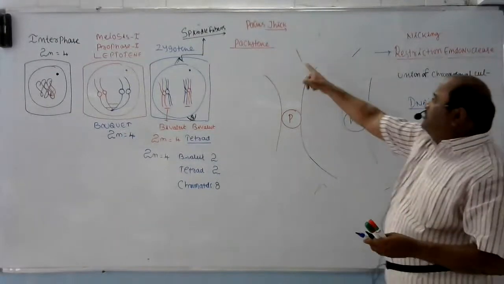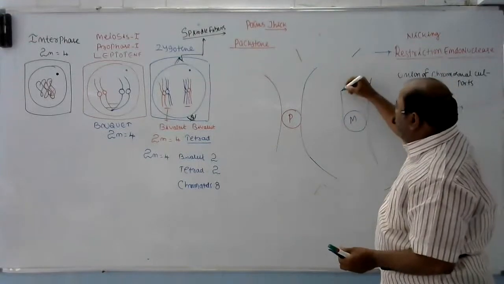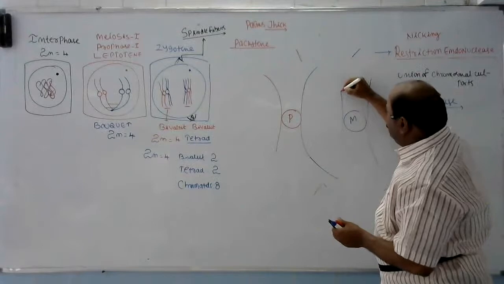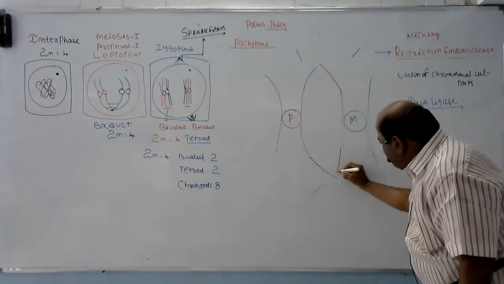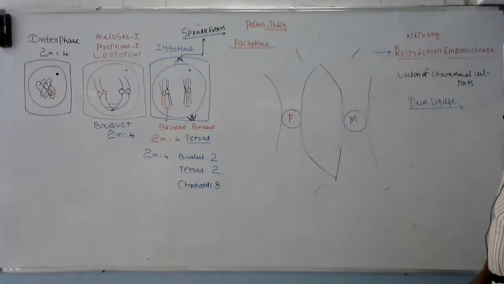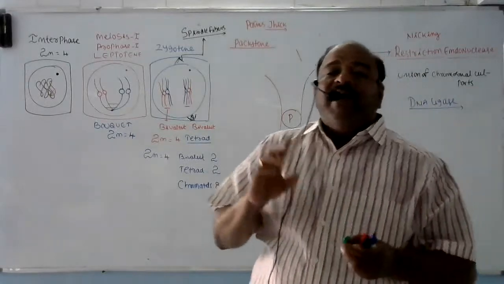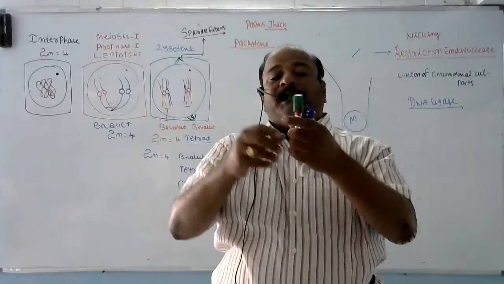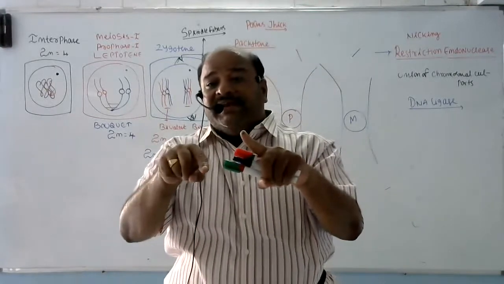So, now the portion of this paternal chromosome is attached to whom? The maternal one. This is the process. So, in the pachytene stage, what we have to observe is the exchange of chromosomal material in between the non-sister chromatids.